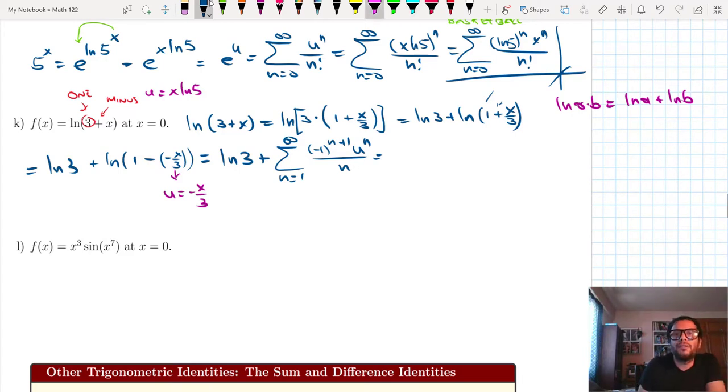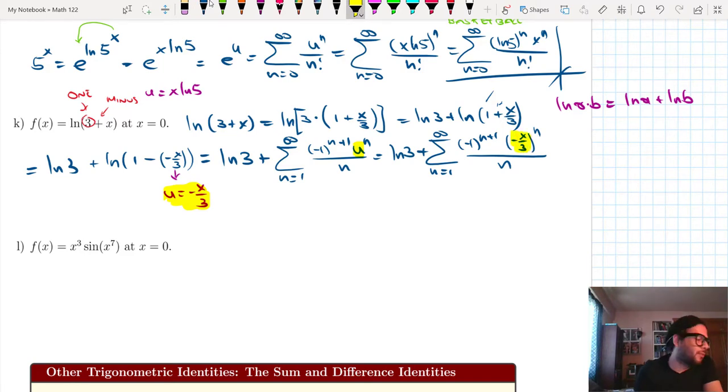So let's back substitute this u over here. ln of 3 plus, n equals 1, negative 1 to the n plus 1. This is going to be negative x over 3 to the n divided by n. And this is our back substitution for u.